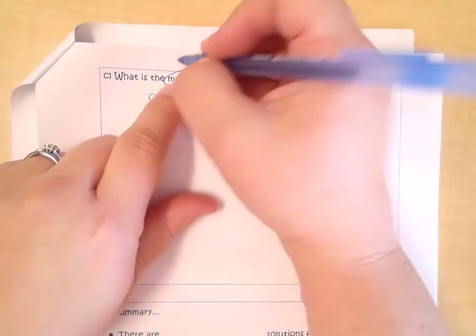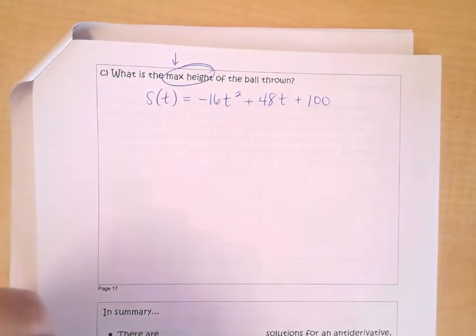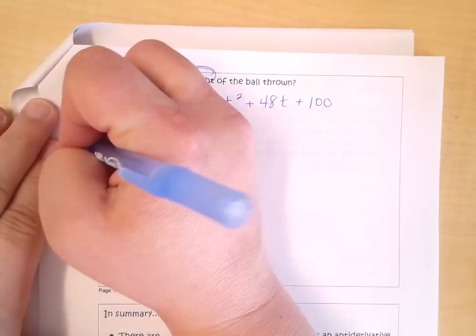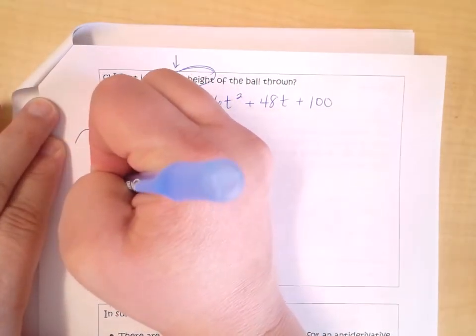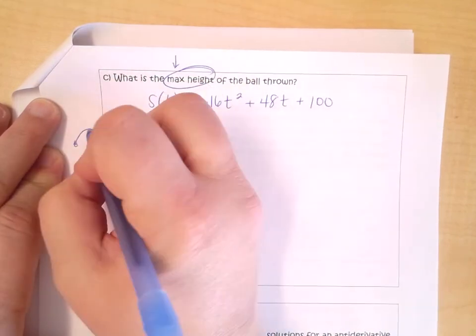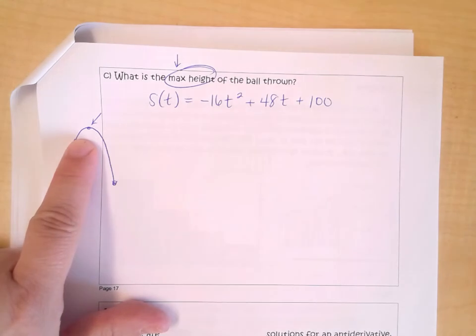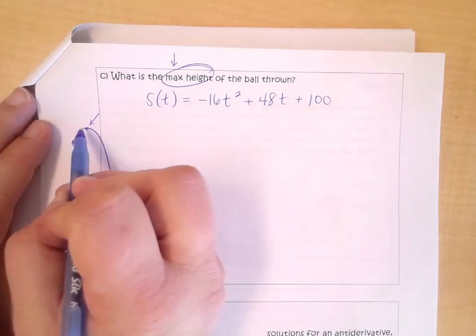What's true for maximum points? What did we just do in chapter 3? What's special about the max point? And what's true about the derivative?